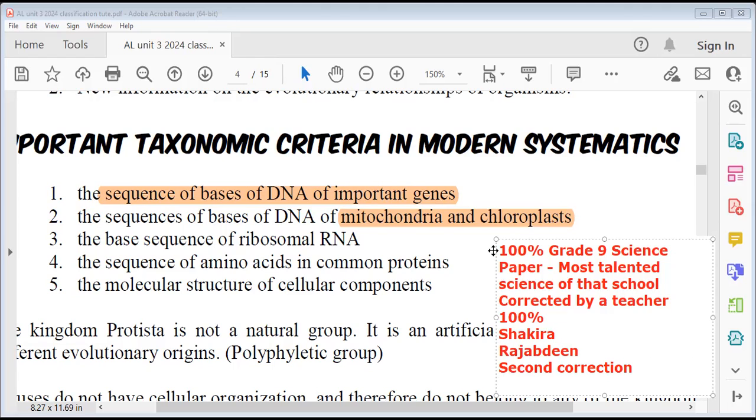So what is the intention of the second correction? To reduce the marks from 100. No one can take 100% marks in my paper. But believe this, Rajabdeen sir could not decrease even 1 mark from that paper. Yes, sir. Although that intention was there, no way, he had completed it so perfectly.